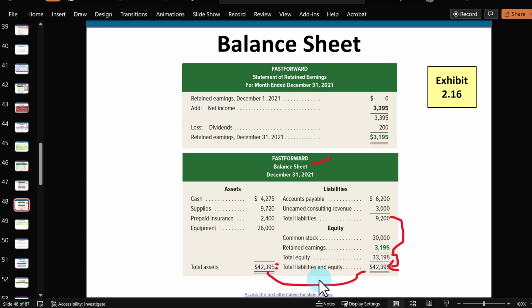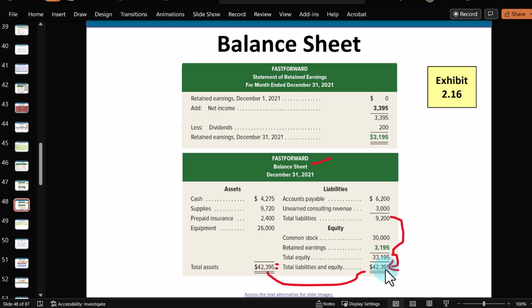Now, this is not the same as total debits that we saw in the trial balance. This is not the same thing as total credits on that trial balance. If I go back to the trial balance, you take a look at it and compare the totals of that trial balance with here the total assets and the total liabilities and equity. And you tell me why there's a difference.